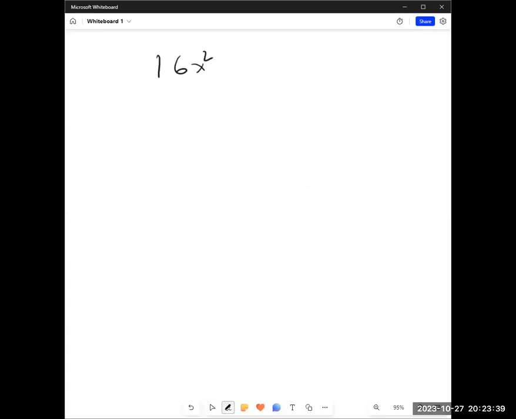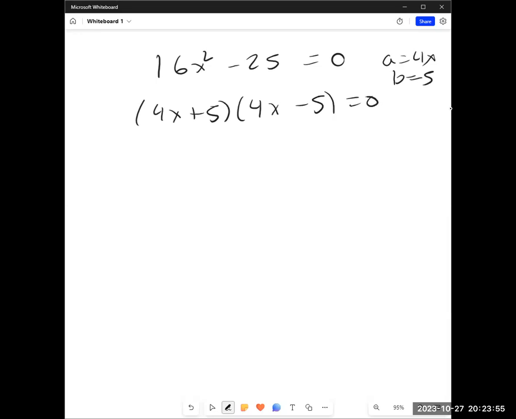16x squared minus 25 equals 0. This is the difference of squares. My a equals 4x and my b equals 5. This is 4x plus 5 times 4x minus 5 equals 0.